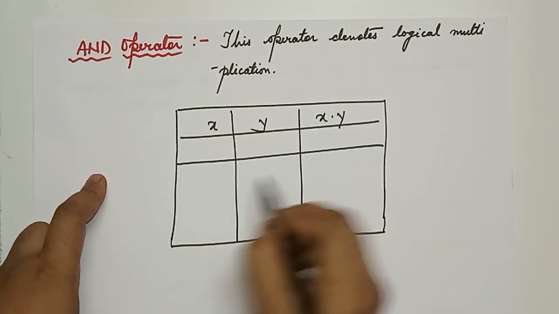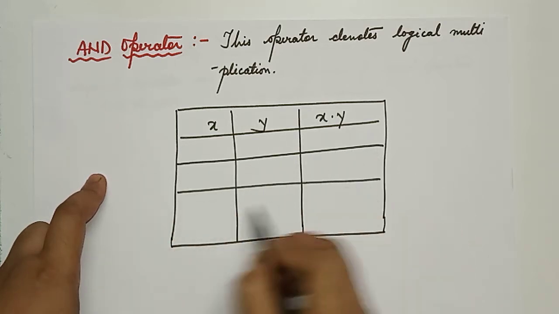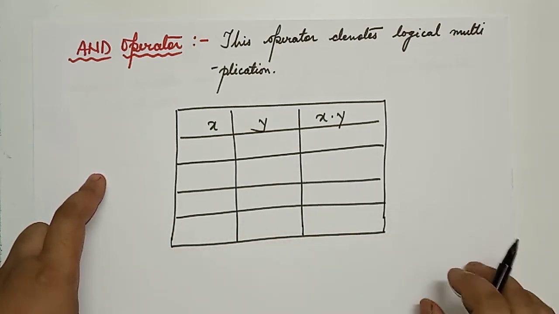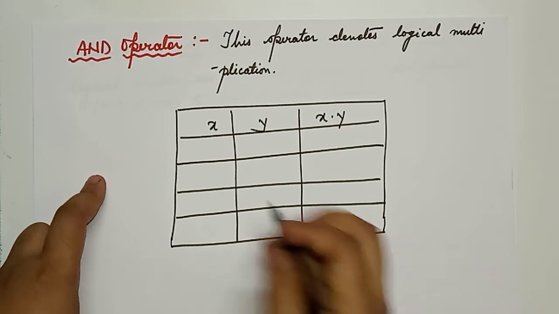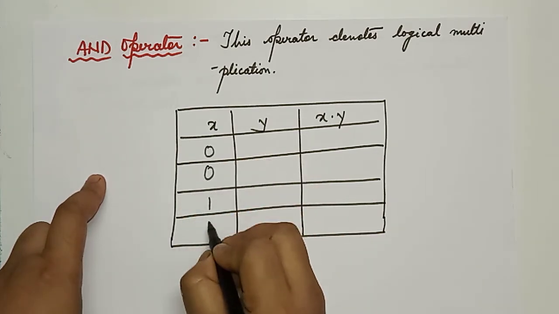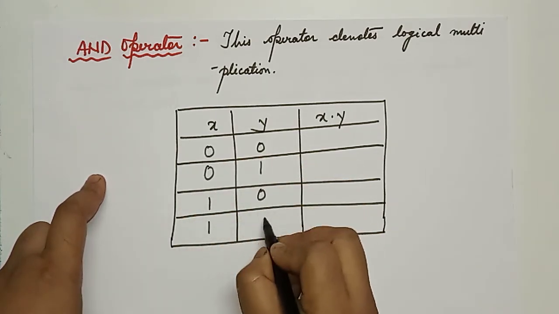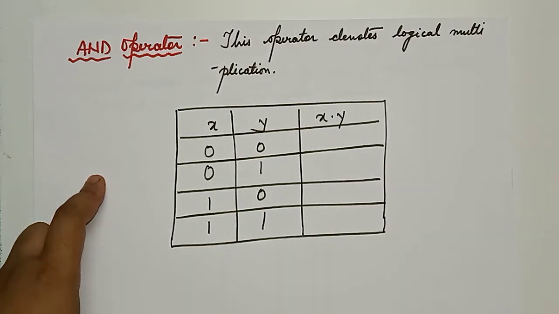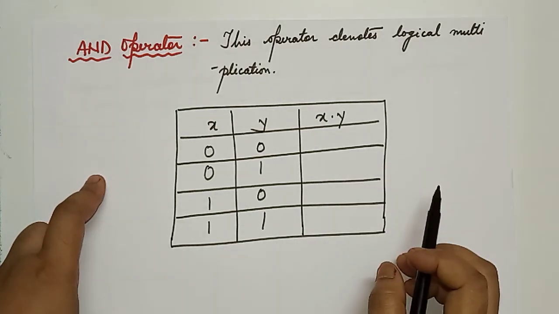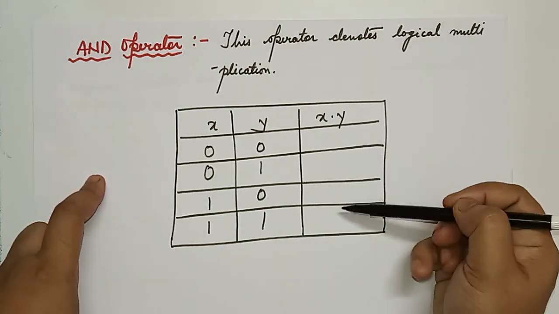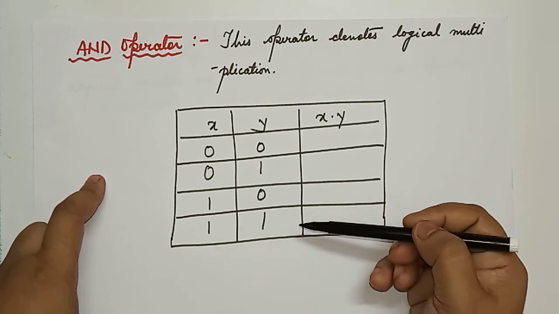As in the OR, we have already seen when there are two variables, there will be four possible input combinations. So 0 0, 1 1, 0 1 0 1. Now what the AND operator says is that if we want the result as 1, then all inputs should be 1.